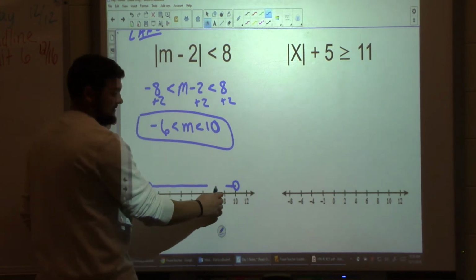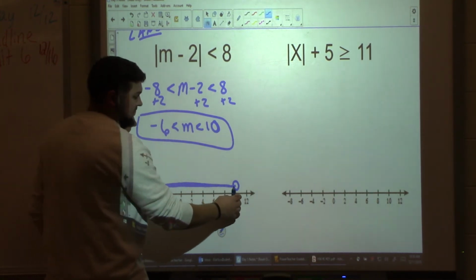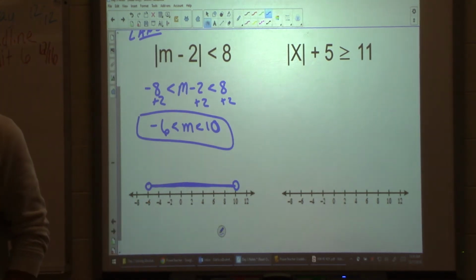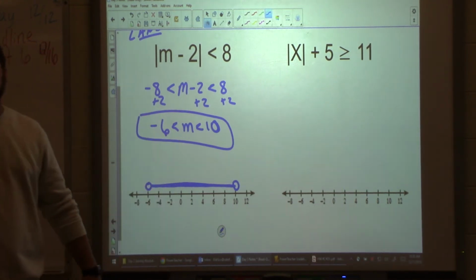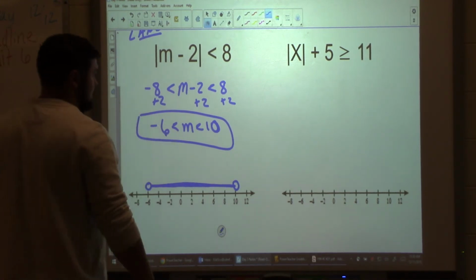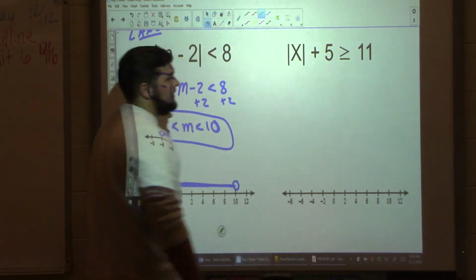It's an and statement, we shade in between, right? Good. So Sim, why did you say open circles? Because it doesn't have a line under the less than sign. It's not or equal to. So it's an open circle. Remember, on our graph, it's an open circle. It's an and statement, I shade in between. Good.